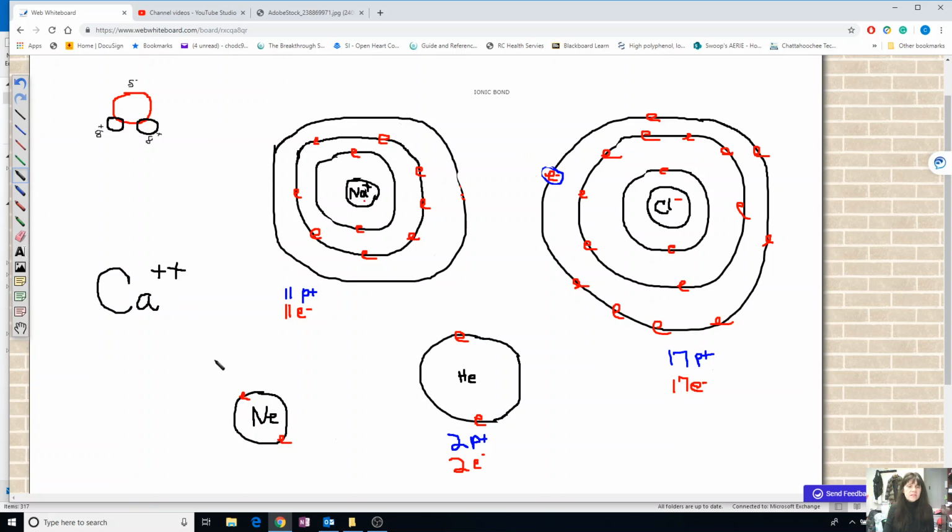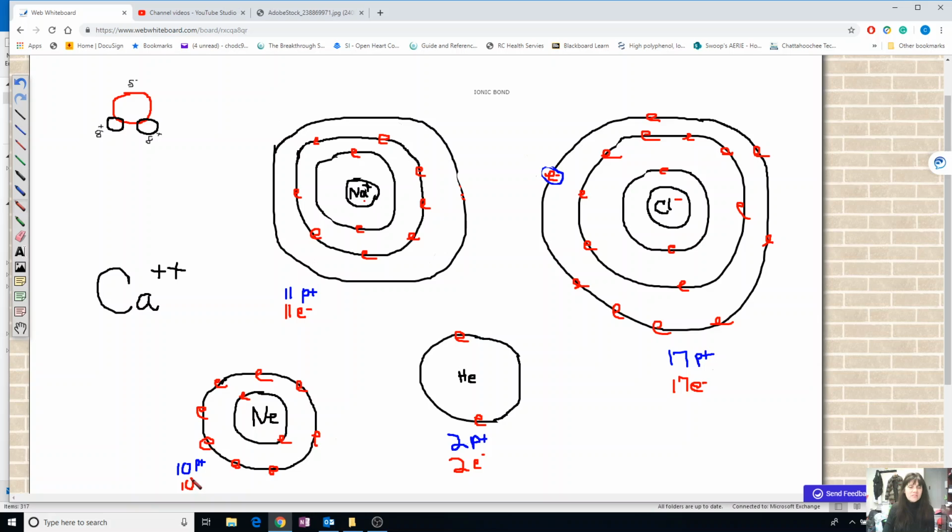Its second energy shell will hold 8. 1, 2, 3, 4, 5, 6, 7, 8, right? So we said it had 10 protons. If it's got 10 protons, it's got 10 electrons.